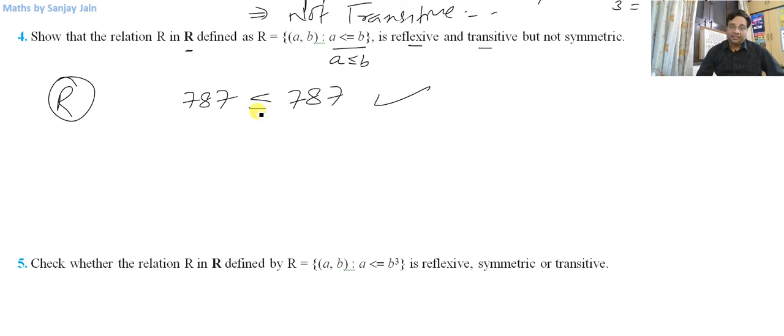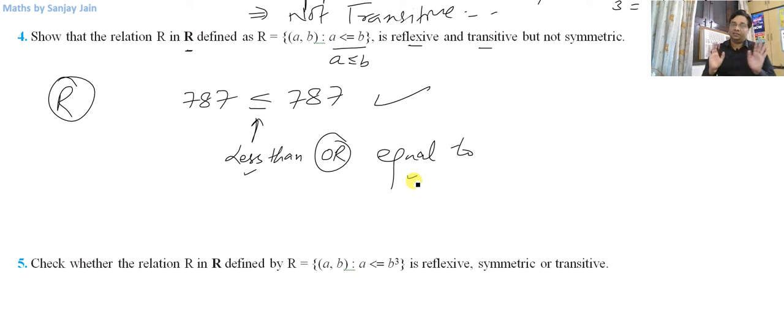Why do I say that? Because this symbol here means less than or equal to. So if it is less or equal, then this symbol will be justified. 787 is equal to 787, hence it meets the condition for it to be in this relation. So yes, it is reflexive.